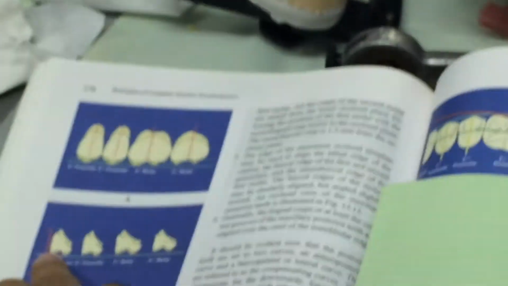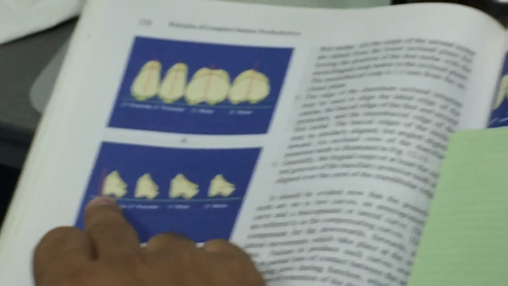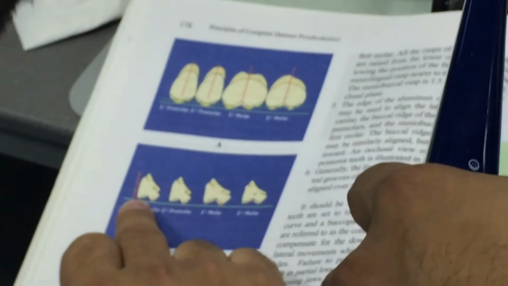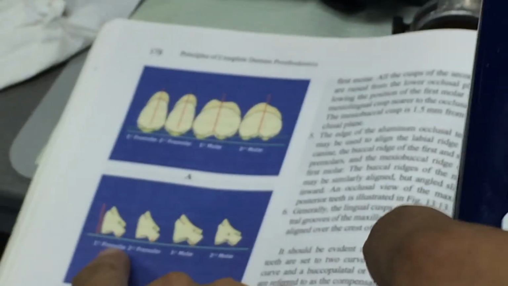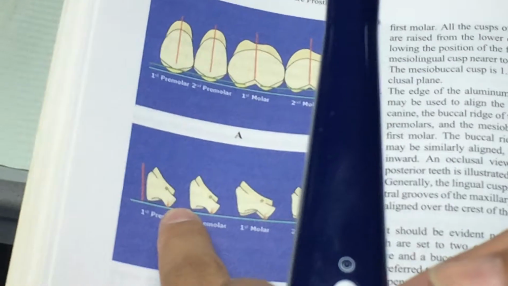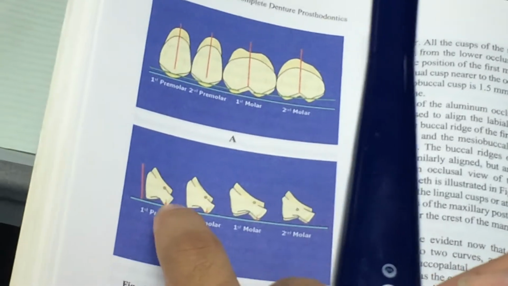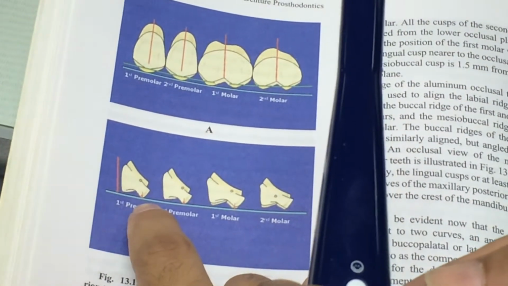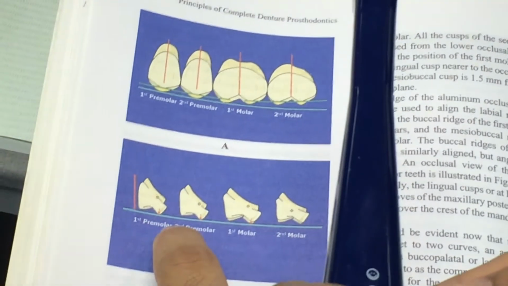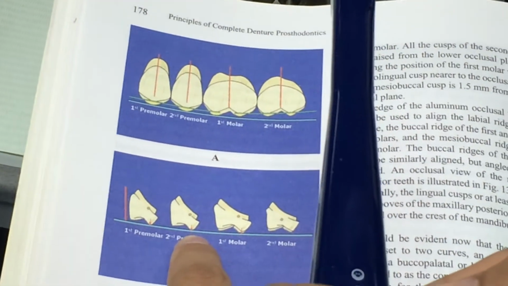Okay, guys, have a look at the posterior teeth and how it has to be. Our guide for posterior teeth is only the upper. Upper first premolar: have a look here. The palatal cusp is touching the occlusal plane, and also the second premolar.